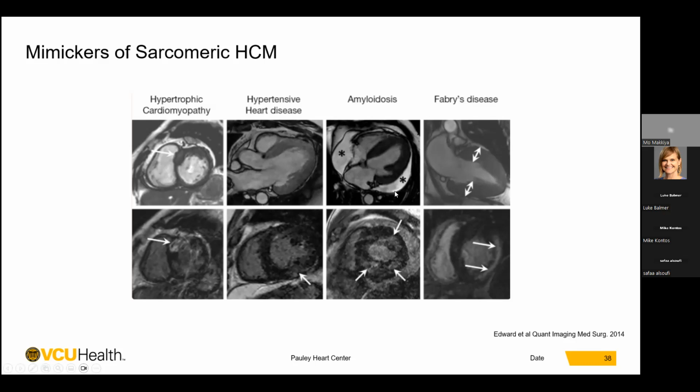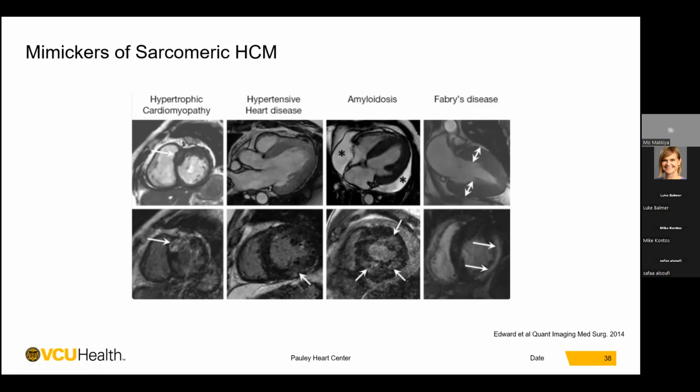This is also associated with pericardial effusion, which you rarely see in sarcomeric HCM, a restrictive pattern early on with LV failure, and diffusely elevated T1 values.